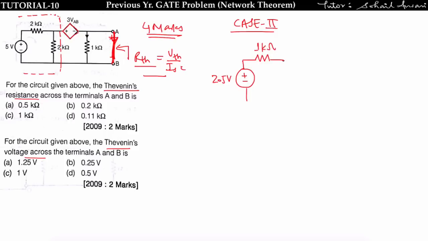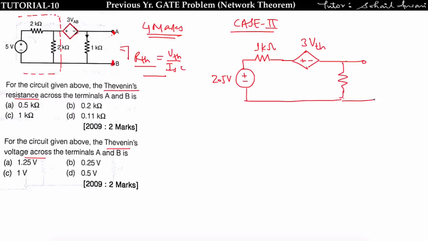Now connect this dependent voltage source whose value is 3 times VTH. Since I am finding the voltage across AB, I am considering that the voltage across AB is VTH. I am finding the VTH, so this is open circuited.